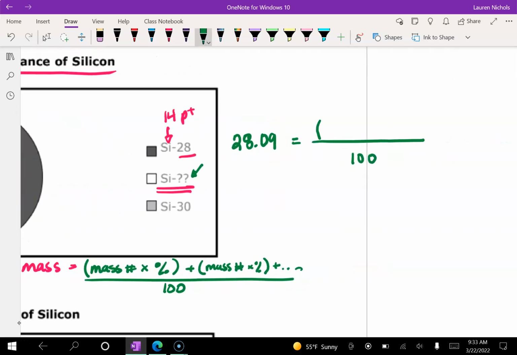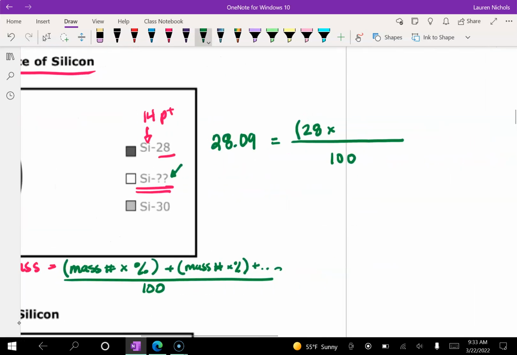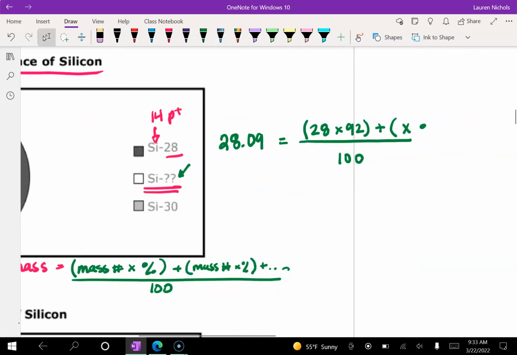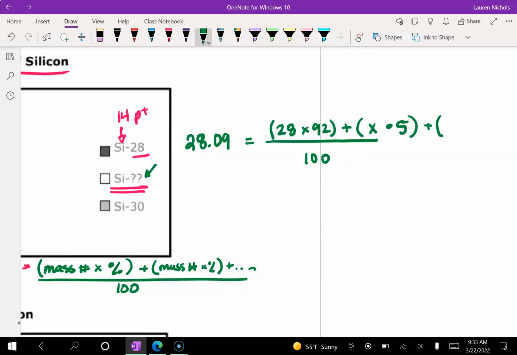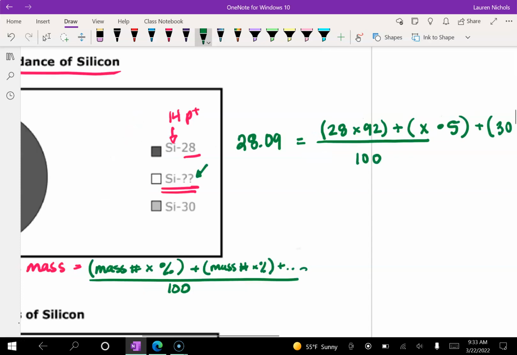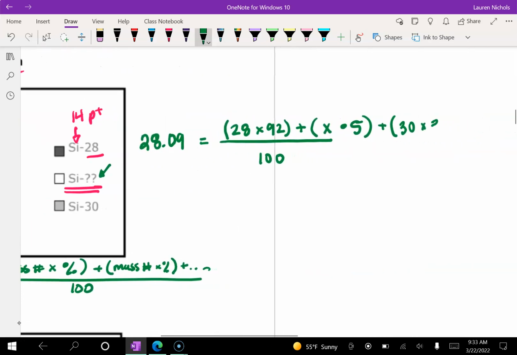The mass of isotope number 1 is 28 and its percentage is 92%, and it gets added to the mass of our mystery isotope, X, times 5%, plus the mass of isotope 30 times the 3% that it is, all over 100. To solve for X, anytime we have to move something to the other side of the equation, we do the opposite of the math.